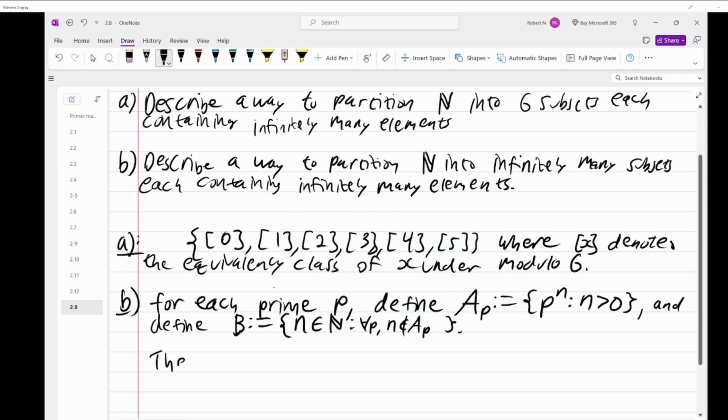Then N should be the union of all the A_P, union B. Either a natural number is a power of a prime or it's not. That's pretty great, isn't it? I would say so.